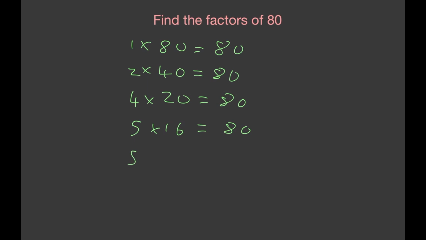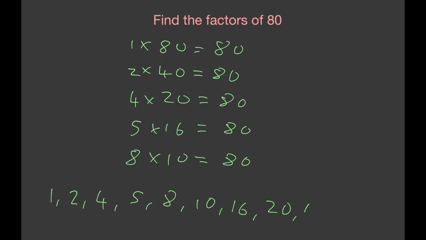And finally, 8 times 10 will give us 80. So therefore, we can write out all our factors of 80 to be 1, 2, 4, 5, 8, 10, 16, 20, 40, and 80. So that's multiples and factors.